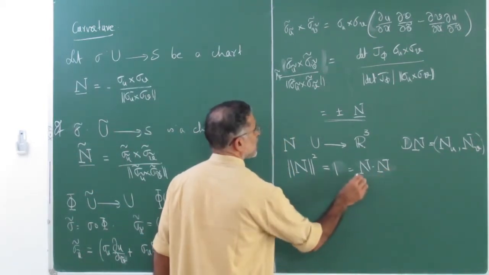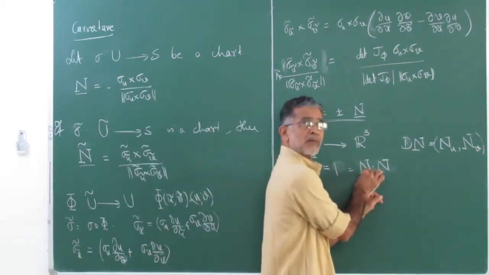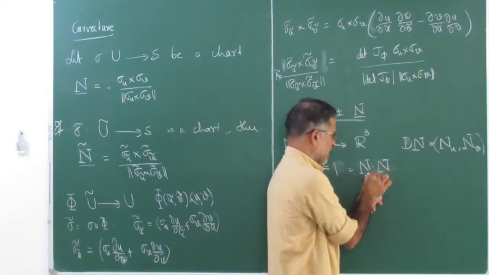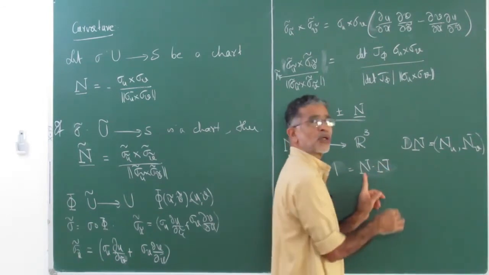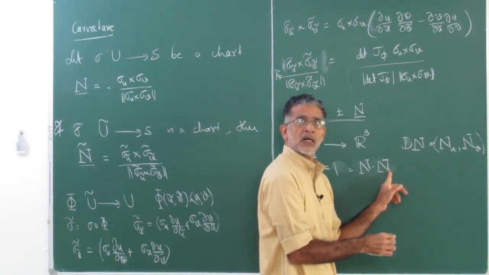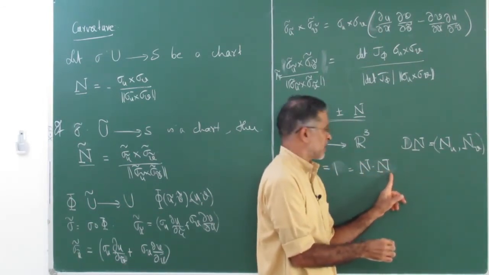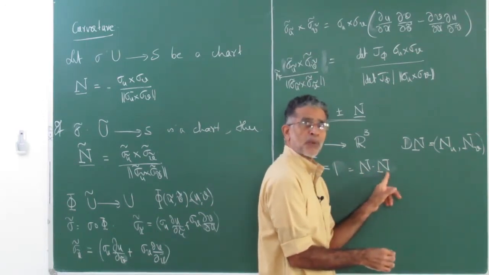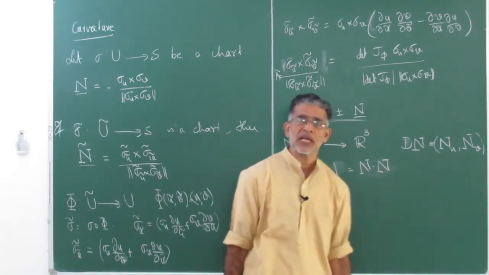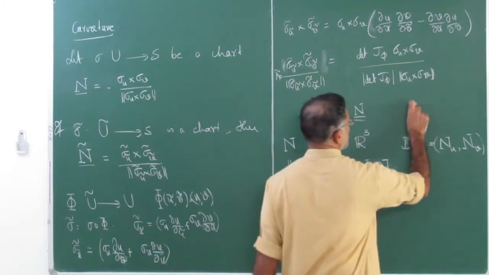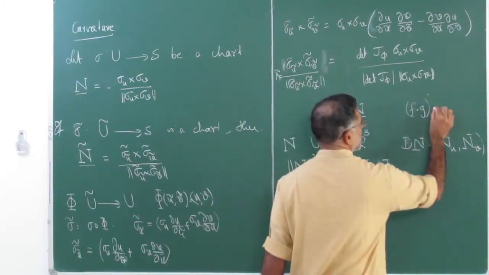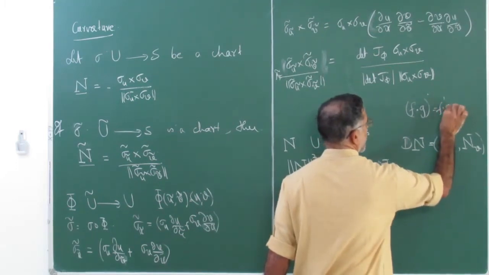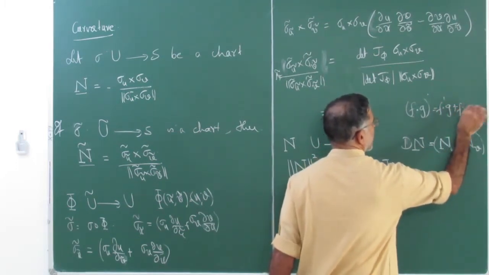We get the derivative n dot nu plus nu dot n. Derivative of this dot product with this, plus this dot product, that is, for f dot g, the formula is (f dot g)' equals f' dot g plus f dot g'.